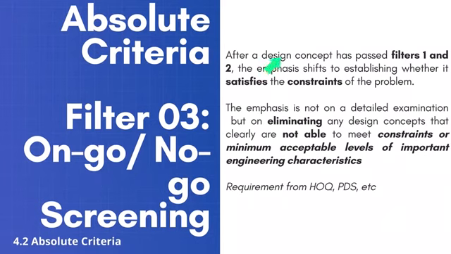After a concept has passed filter 1 and filter 2, the emphasis shifts to establishing whether it satisfies the constraints of the problem. However, the emphasis is not on a detailed examination but on eliminating any design concept that clearly is not able to meet the constraints or minimum acceptable levels of important engineering characteristics.